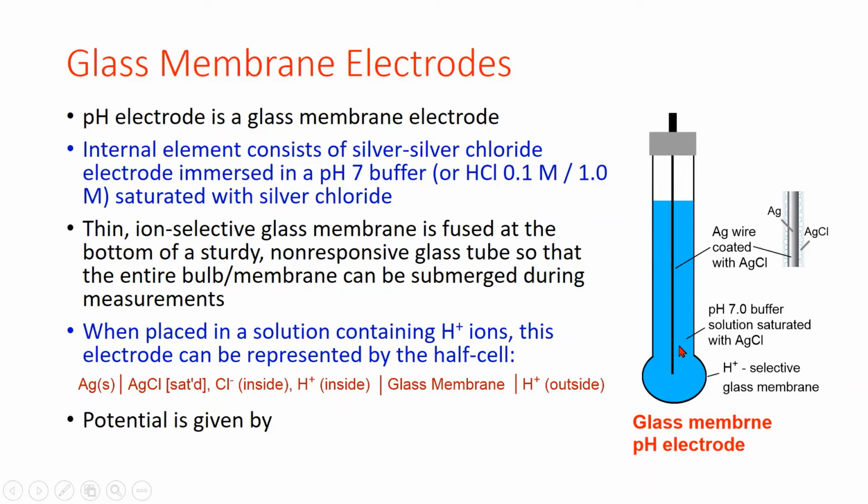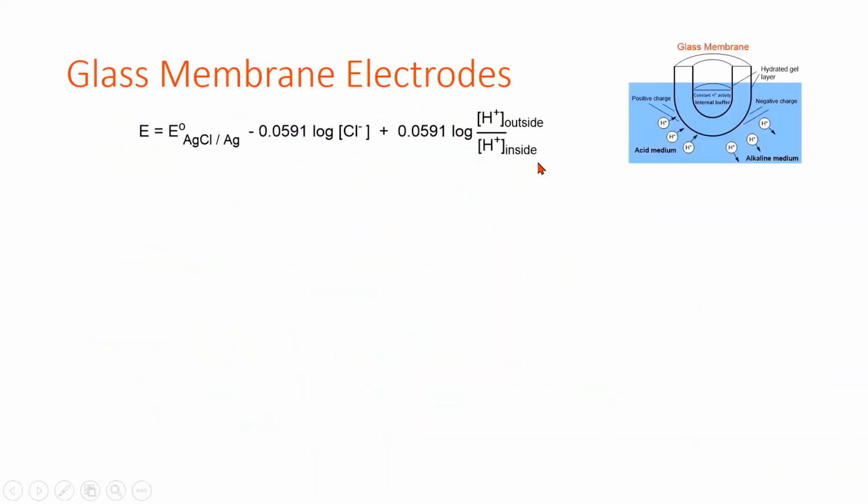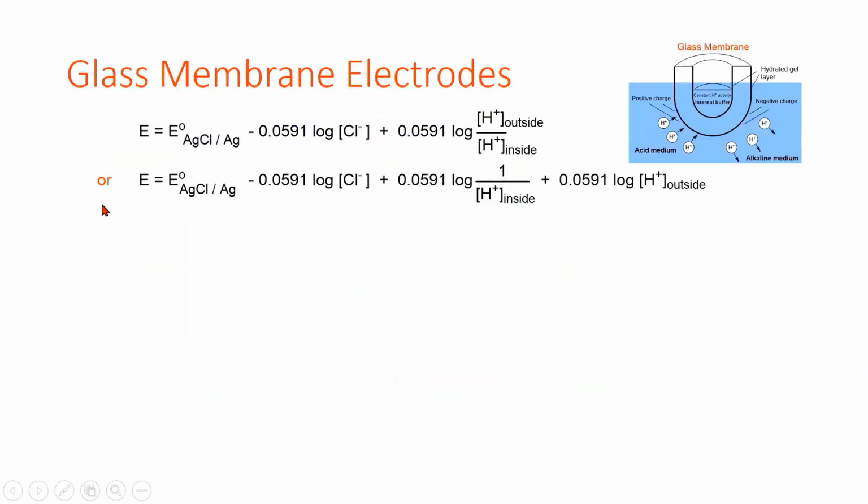The potential of this electrode is given by E is equal to E naught silver chloride, silver, minus 0.0591 log of chloride ion plus 0.0591 log of H ion concentration outside divided by H ion concentration inside. This equation can be rewritten like this.